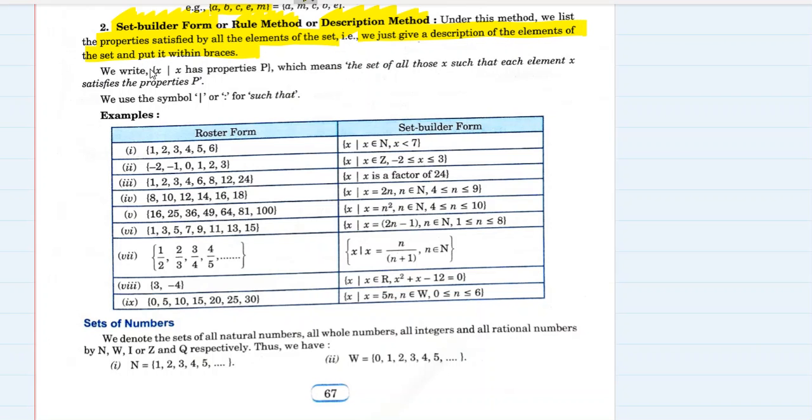So we write inside curly brackets x such that x has all the properties P. It means the set of all those x elements, where x elements means all the elements which are part of this set, such that each element x satisfies the properties P. We use the symbol vertical line or two dots for such that. Please remember, vertical line or double dot, two dots means such that.